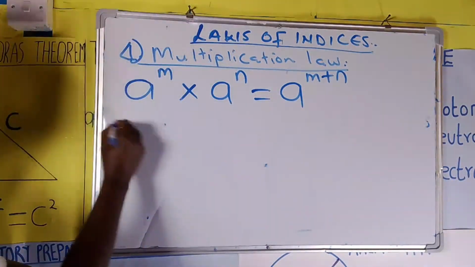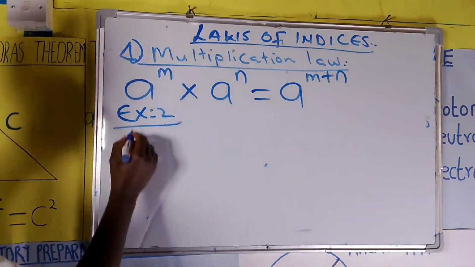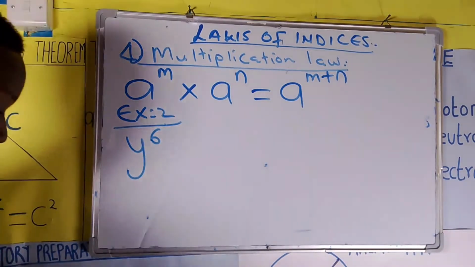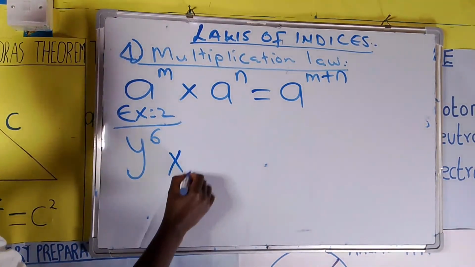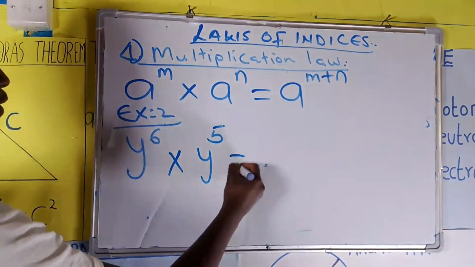Example 2: y to power 6 times y to power 5.